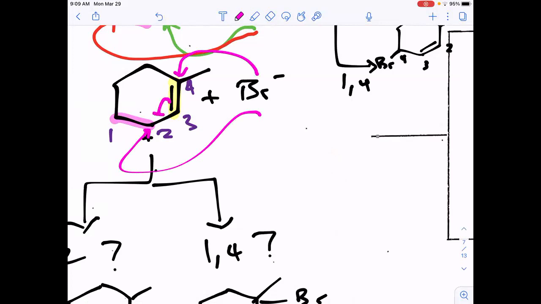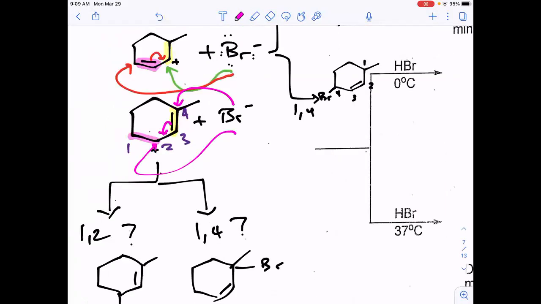If I did the reaction at 0 degrees Celsius, which product do you think is going to be predominant?